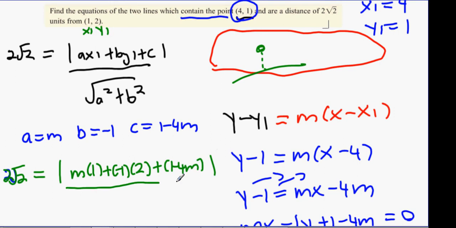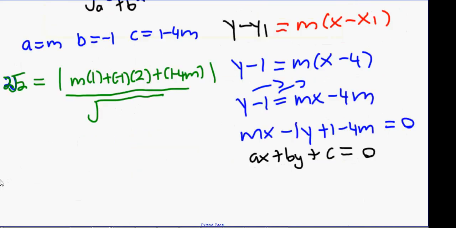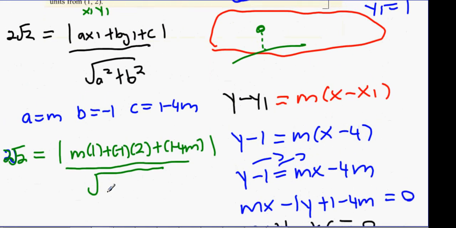On the bottom, square root of a squared plus b squared. A squared being, what's a again? m. So m squared plus minus 1 squared. What's minus 1 squared? Just plus 1. Okay. Now that that's done, what we need to do next is tidy up the bracket here.